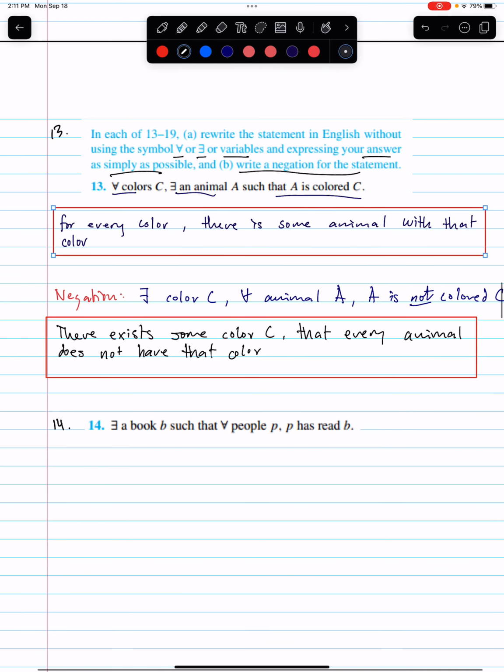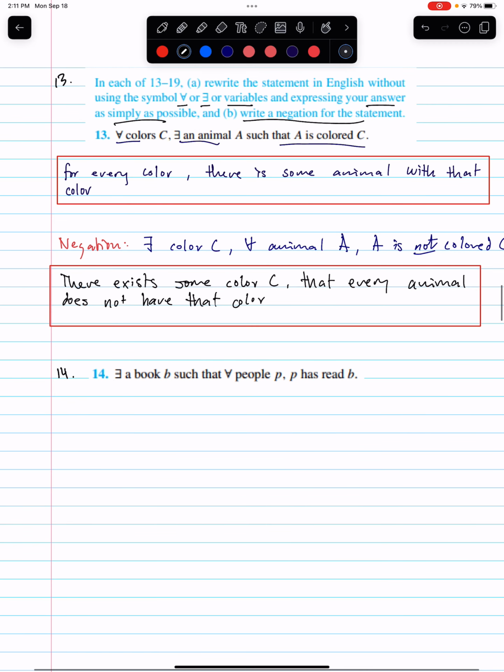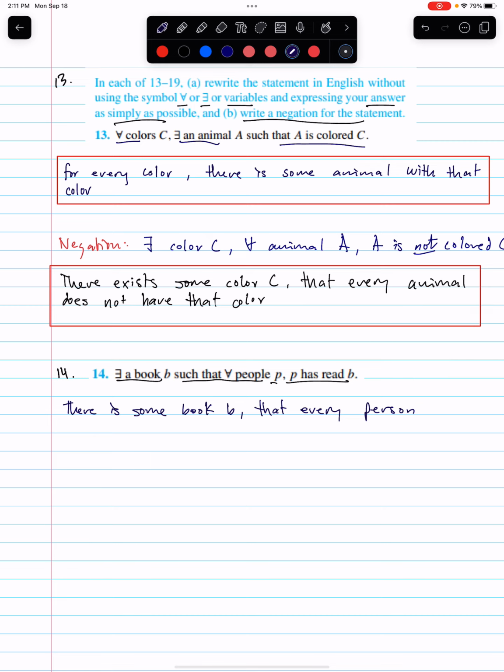Alright, on to the next. For every book B, there exists a book B such that for every person P, P has read B. We'll say there is some book B that every person has read.